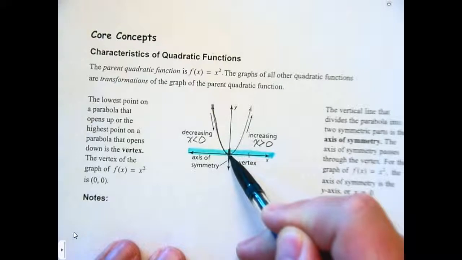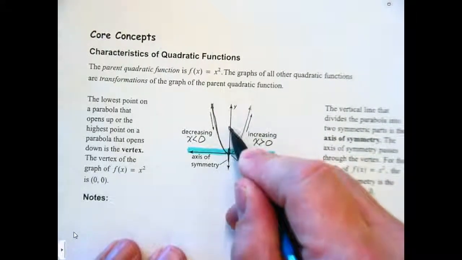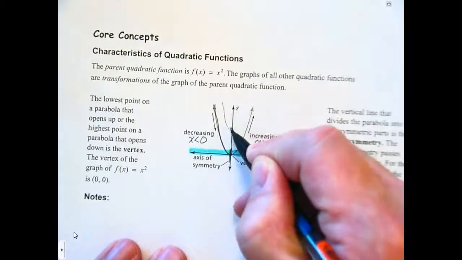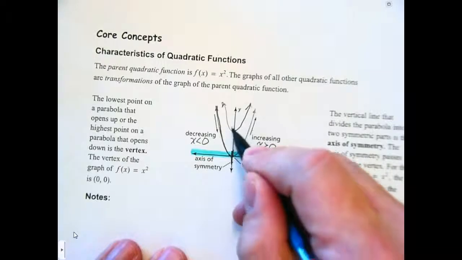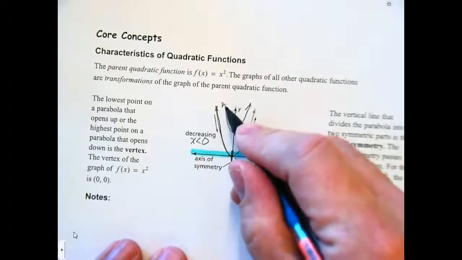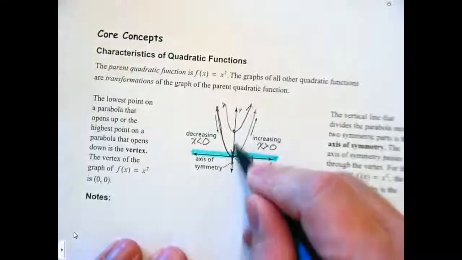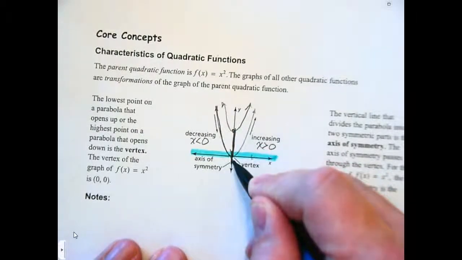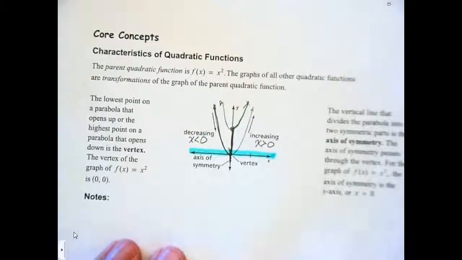As soon as you get to here, it's rising. It doesn't matter where the vertex is. It's still decreasing when x is less than 0, because we're using this as our measuring stick. And then it's increasing when x is greater than 0.